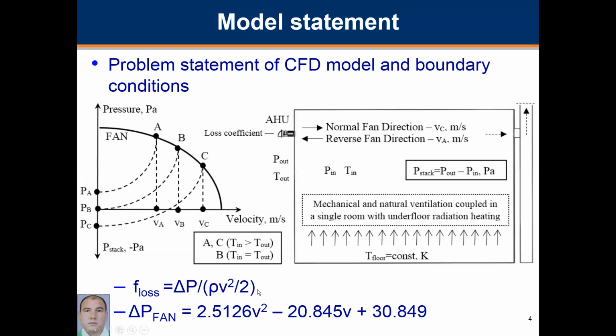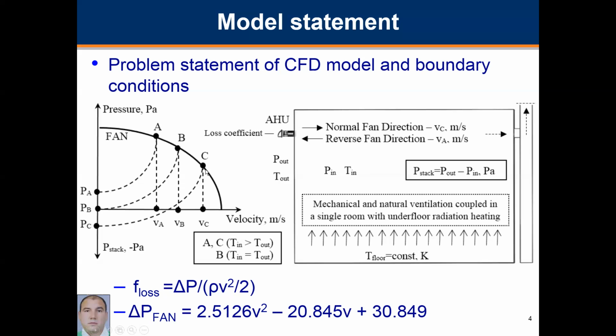The fans are specified by a polynomial function of the relationship between the fan pressure and velocity. The numerical simulations were performed at outdoor temperature and pressure. The heat source is allocated on the floor of the room with a constant temperature, and the heat flow through the room is modeled by convection and radiation heat transfer, and all the remaining walls are assumed to be adiabatic.